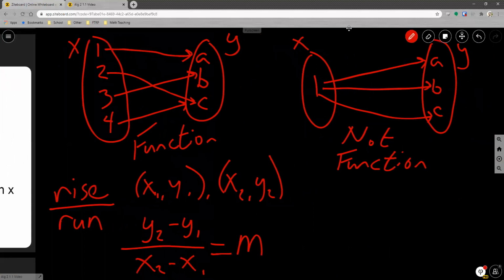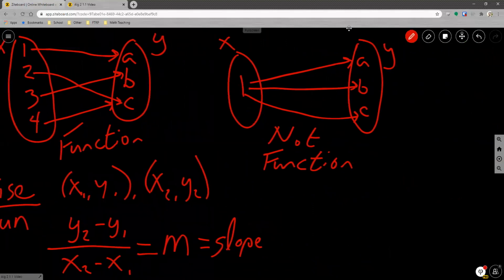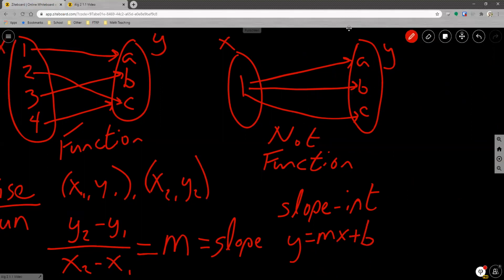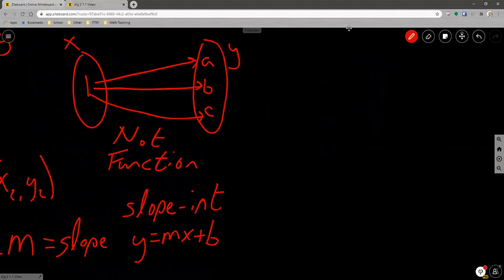Remember the slope is used in a couple different equations. You've got slope-intercept form, which is going to be y equals mx plus b, where b is your y-intercept and m is your slope.